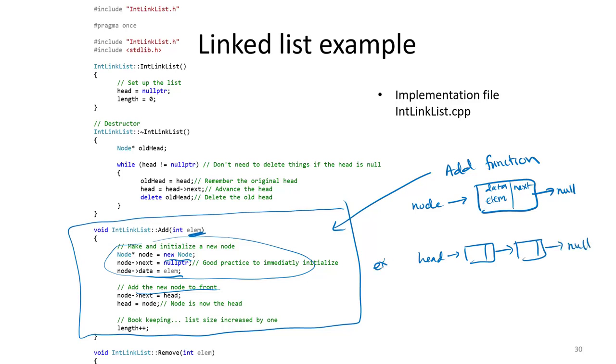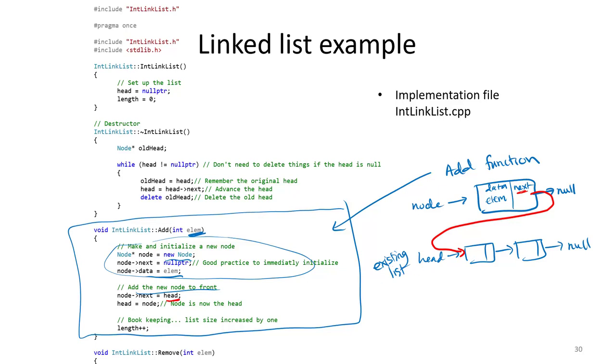So if we have some existing lists, notice what we are doing. We take node arrow next, and we connect node's next pointer to where head points at the front of our existing list.